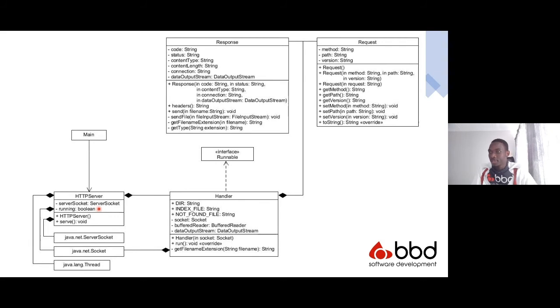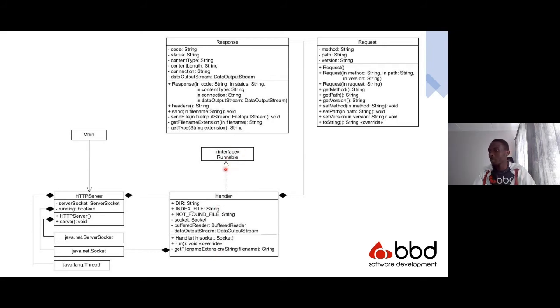So what happens is that the HTTP server has this handler object. The handler object runs on a thread. So when a client, for example a web browser, requests a resource from my web server, this handler object is instantiated and then put on a thread.